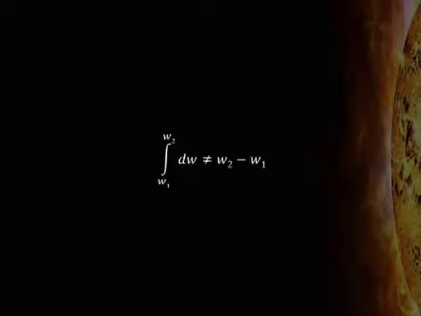But work done or heat exchanged are inexact differentials, hence integration of work done, that is dW, between the limits W1 and W2 will not be equal to W2 minus W1, or integration of dQ between the limits Q1 and Q2 will also not be equal to Q2 minus Q1.